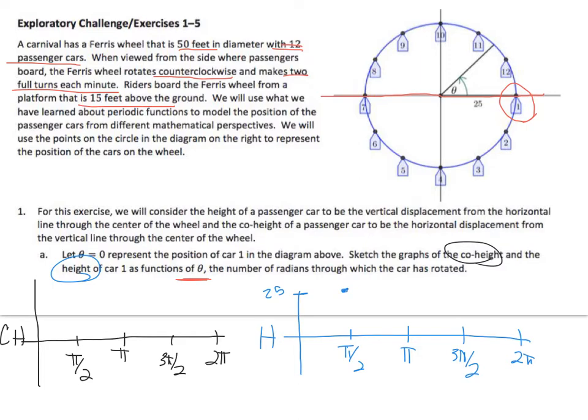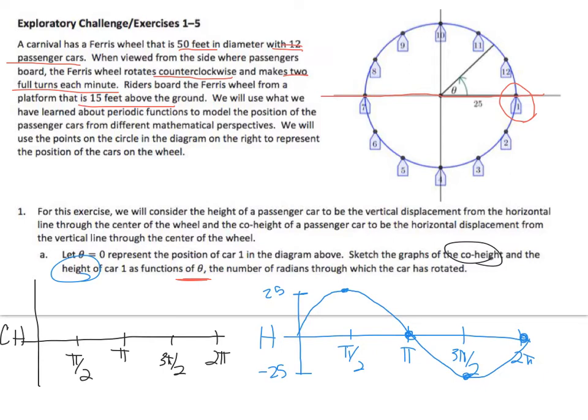As we continue to rotate around, at pi we're back at 0. Rotate around, 3 pi over 2, we're down at negative 25. And then at 2 pi, we're back at 0. So the height looks something like that.